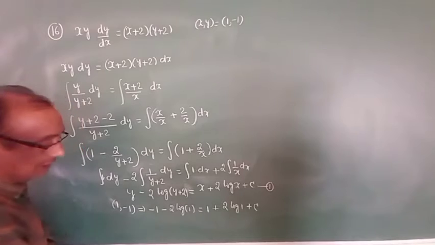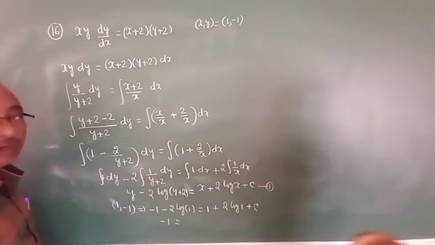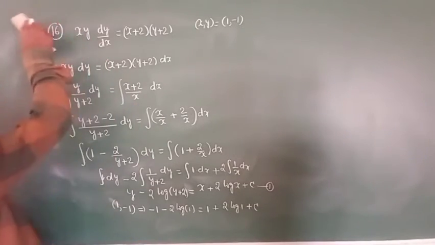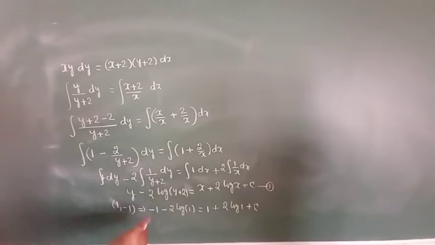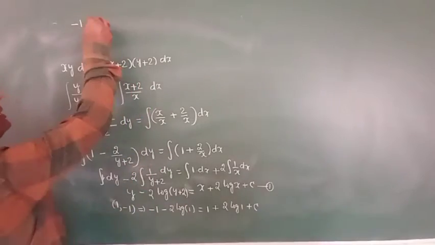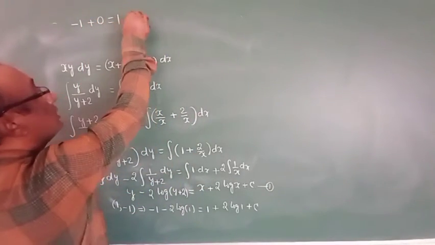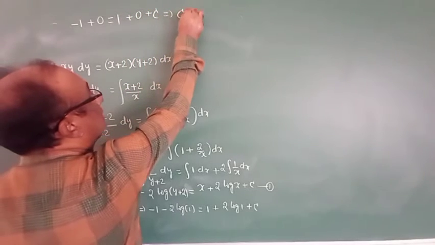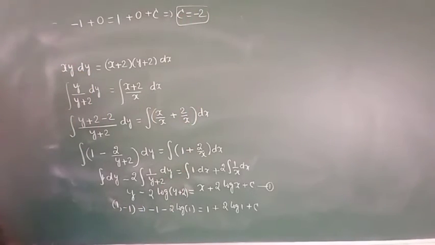Log 1 value is 0, so minus 1 is equal to 1 plus c. Therefore, c is equal to minus 2. Write it in equation 1 and we get the answer.